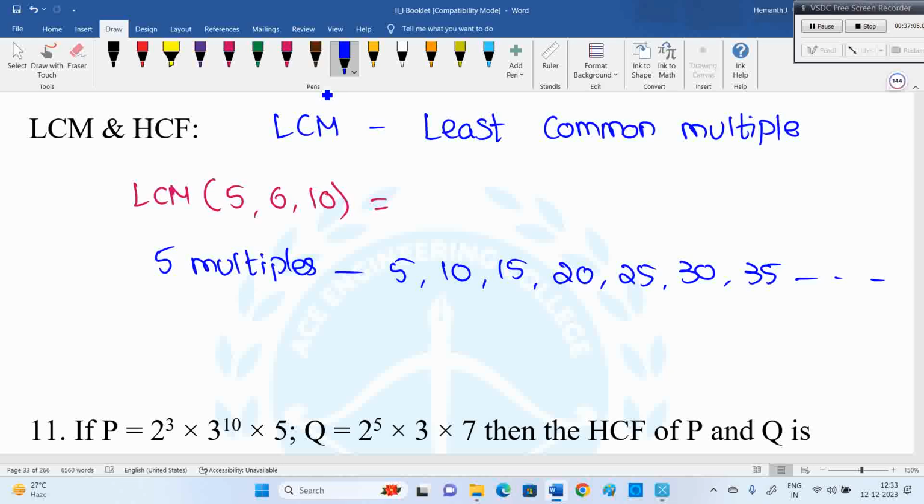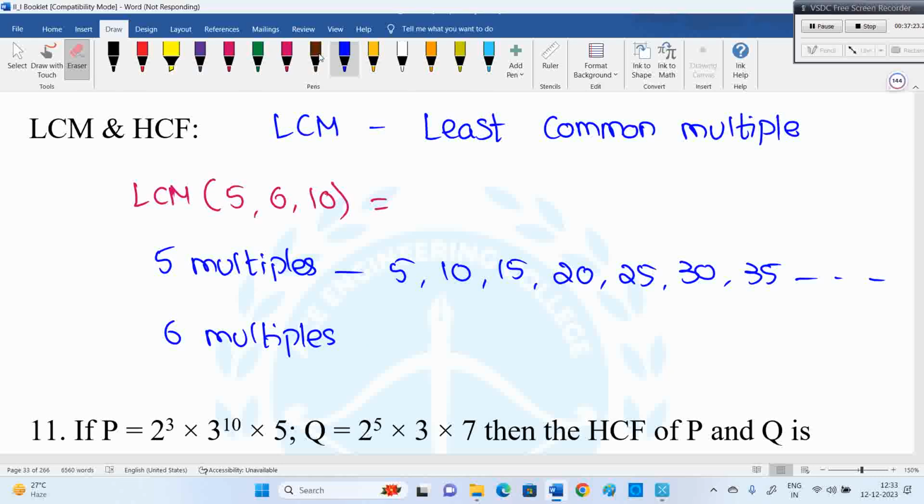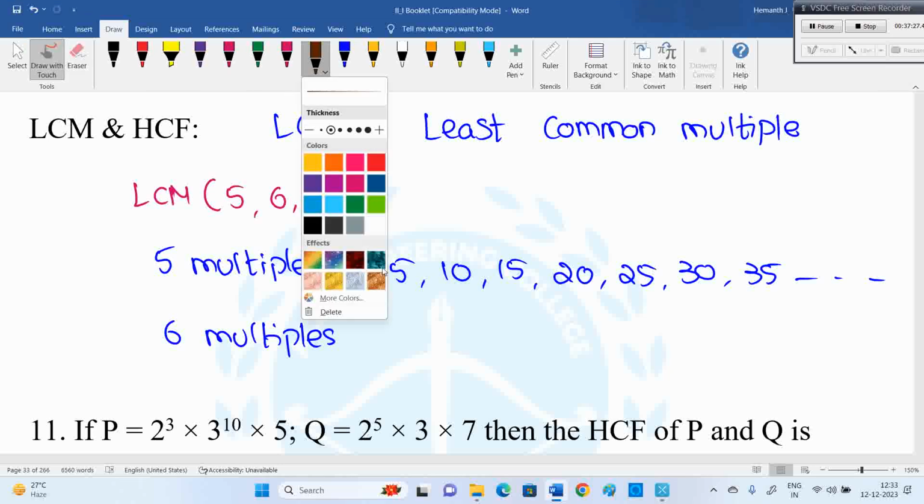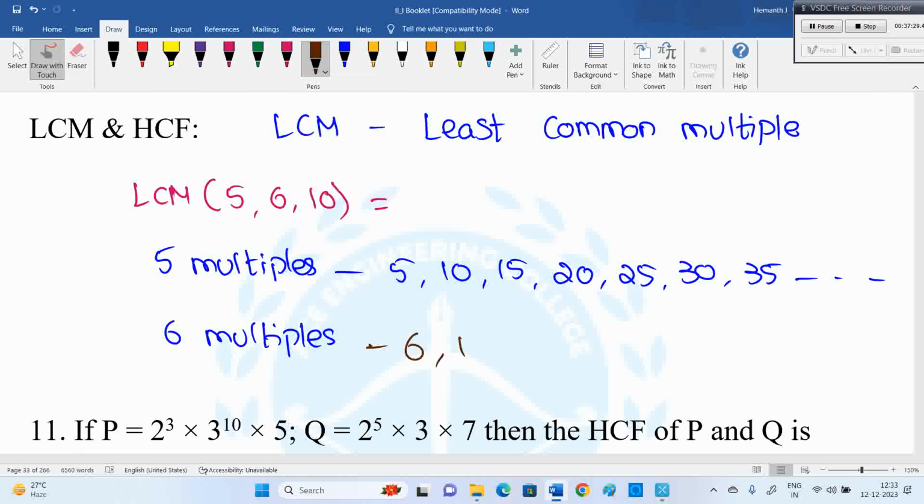Next, 6 multiples are 6, 12, 18, 24, 30, 36, and so on.